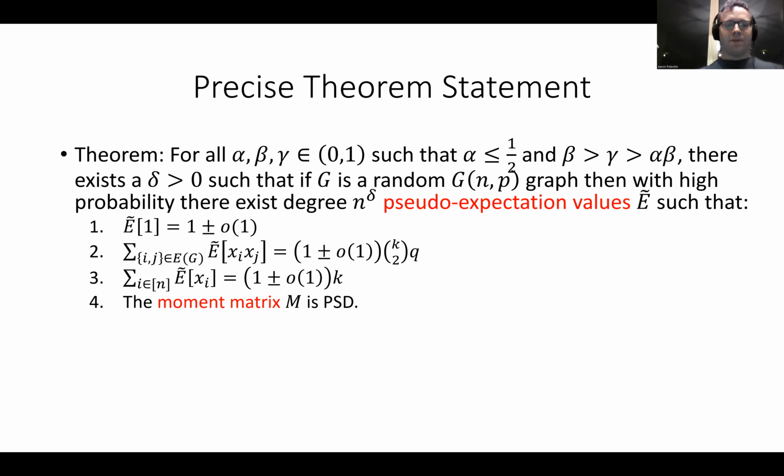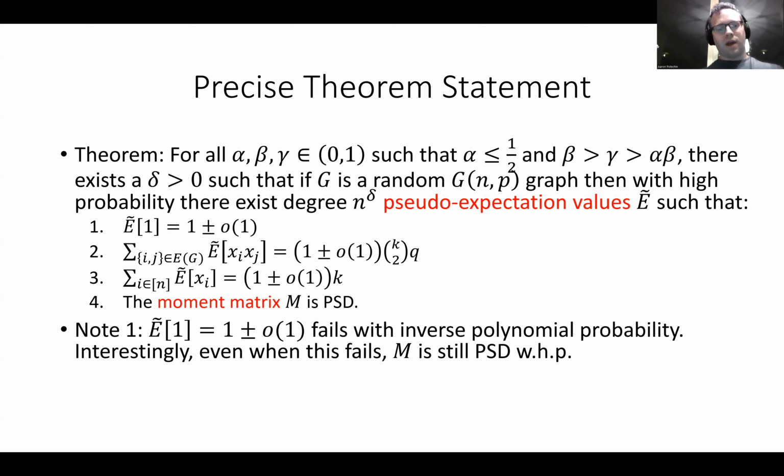And the moment matrix M is PSD. This condition is needed for the pseudo-expectation values to be valid. And if you're familiar with sum of squares lower bounds, then you'll know that this is by far the toughest condition to check.